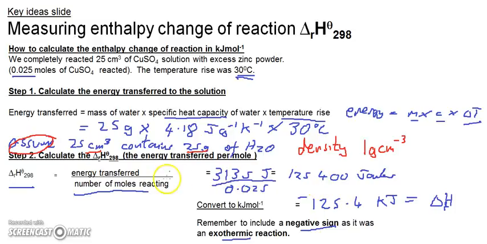The second assumption that we've made is that the specific heat capacity, 4.18 joules per gram per Kelvin, is the same for our water as it is for our copper sulfate solution. Again, it's another approximation.